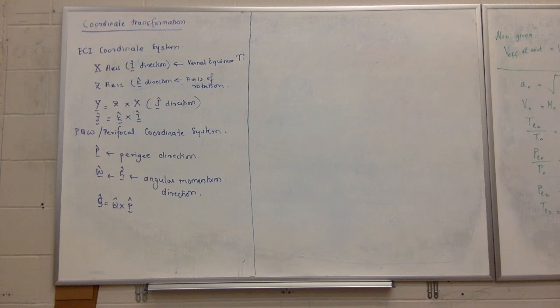X-axis is not a plane, it's an axis, it's a direction. How many axes do you need to form a plane? 2. So these two form the equatorial plane, and the perpendicular to the equatorial plane is the axis of rotation here. Got it? That is one coordinate system.